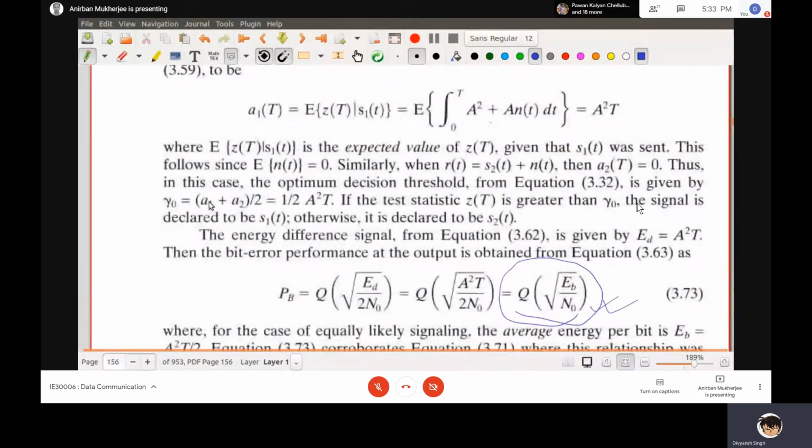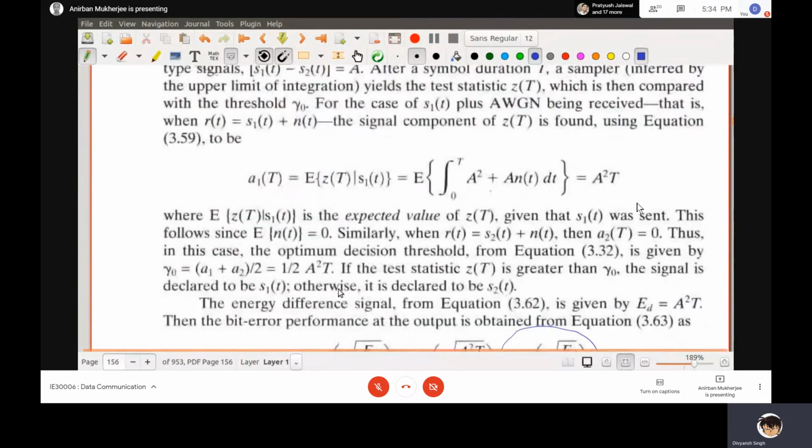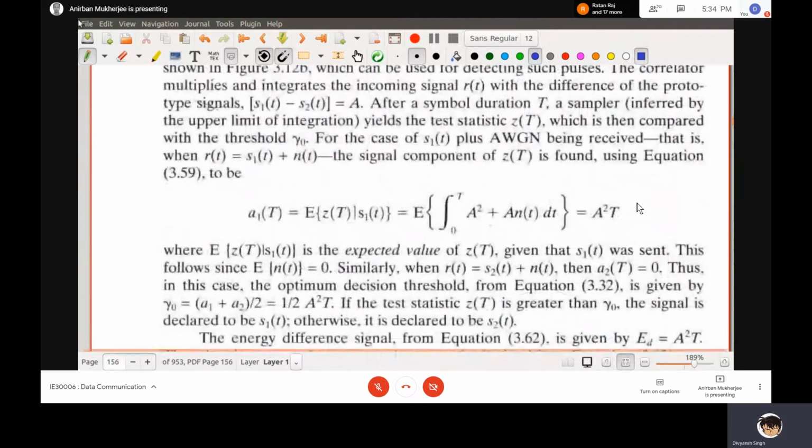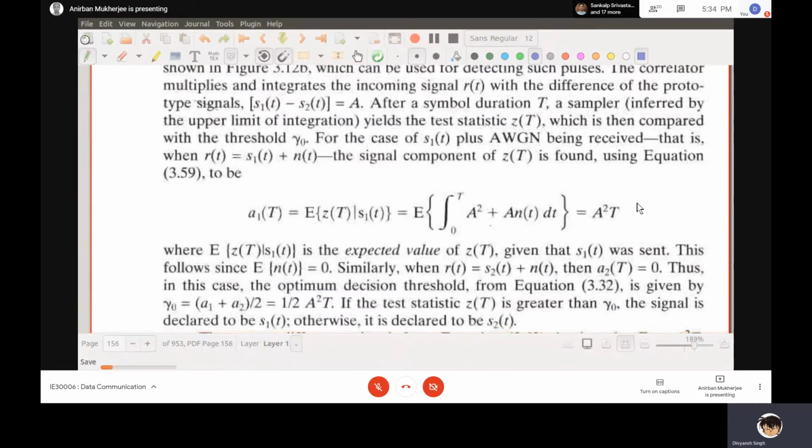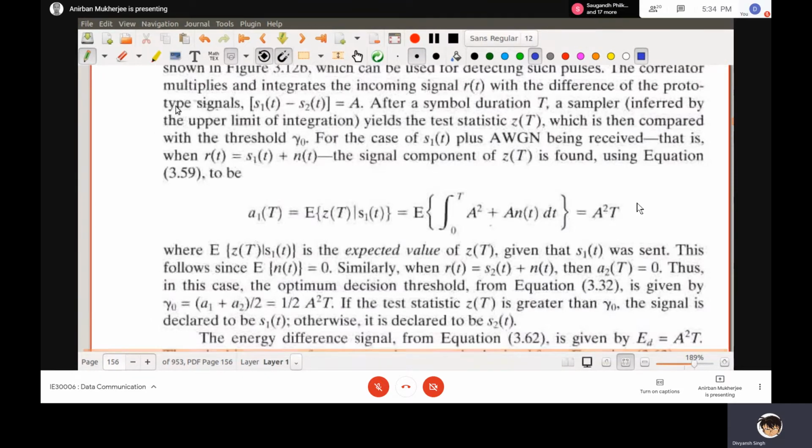They have got gamma 0, that is A1 and A2, and depending on this, because there are two optimizations. One is that, please try to understand. See, there are two aspects that I have.